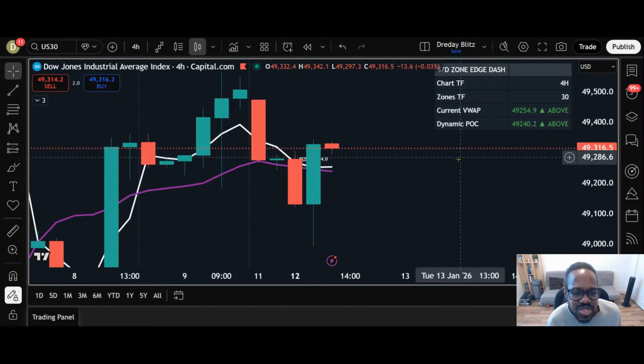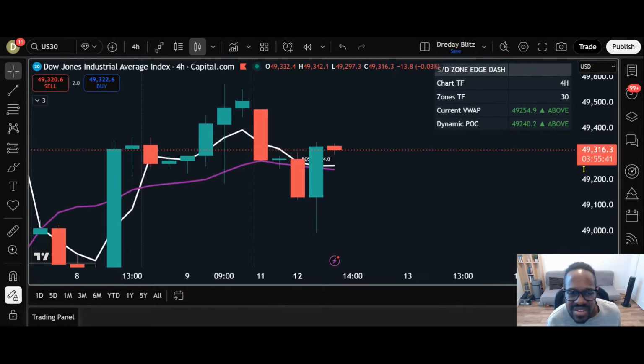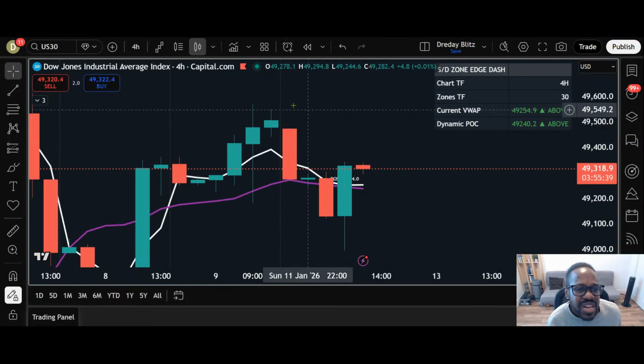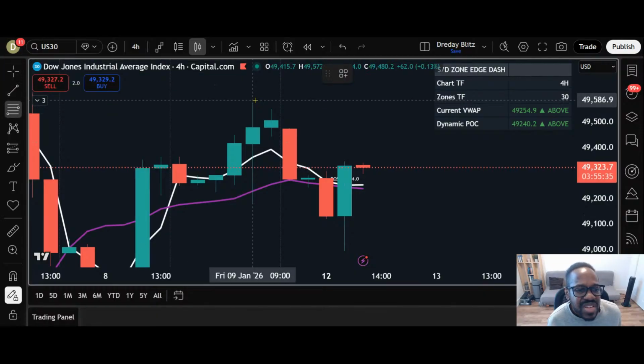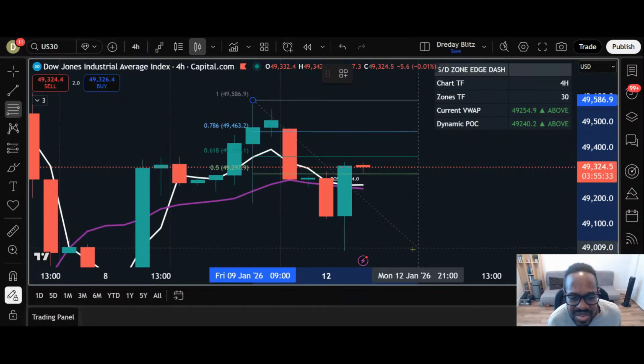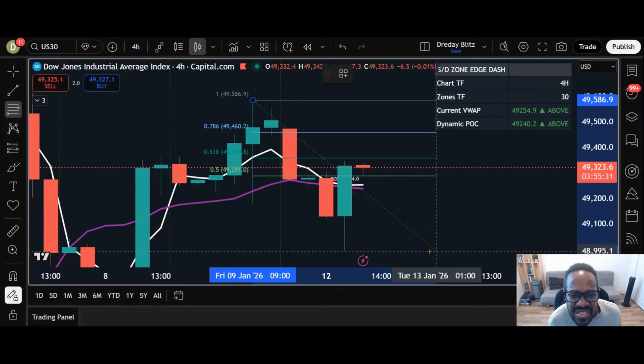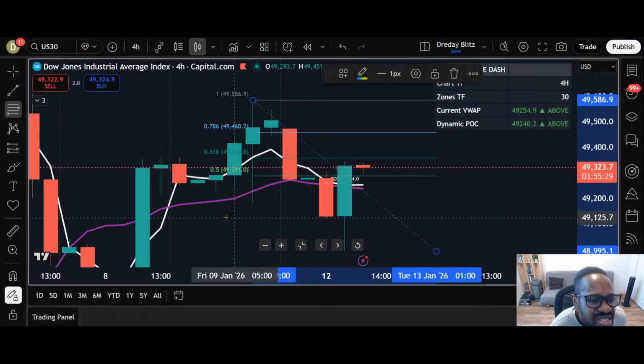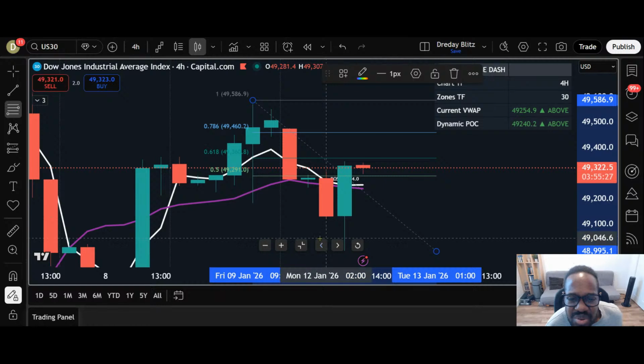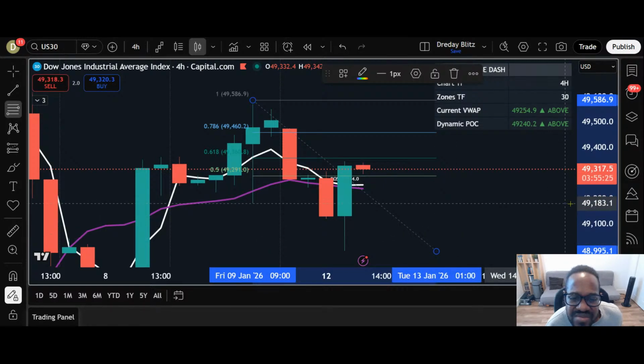So also what you could do here is put a fib from that swing high to swing low. That swing high is right here, swing low is right here. So we have a 61.8 right here.